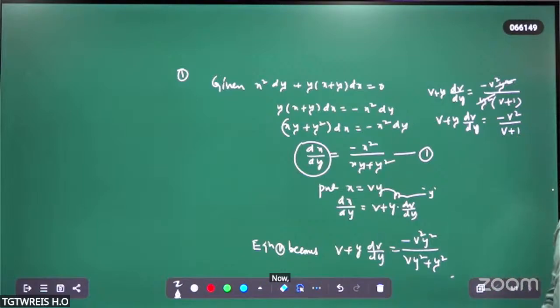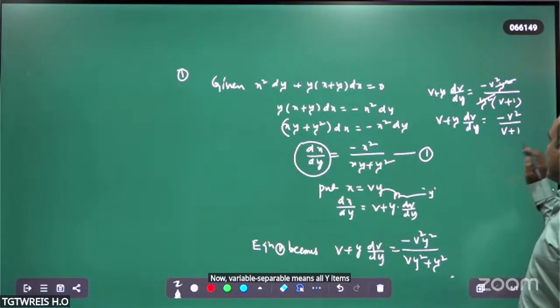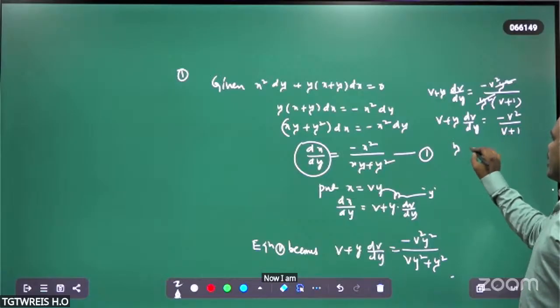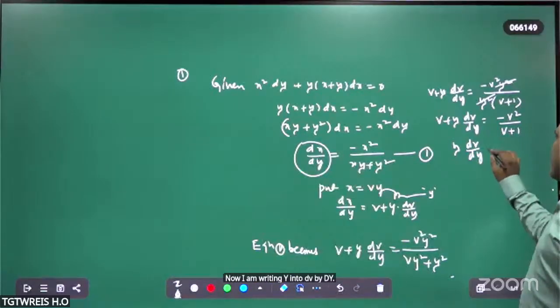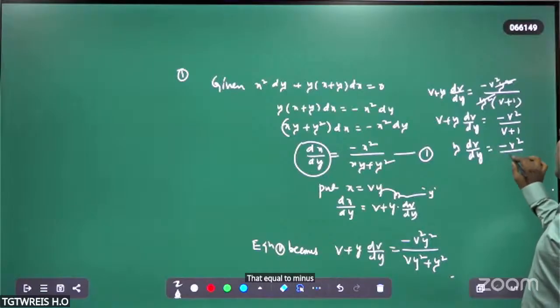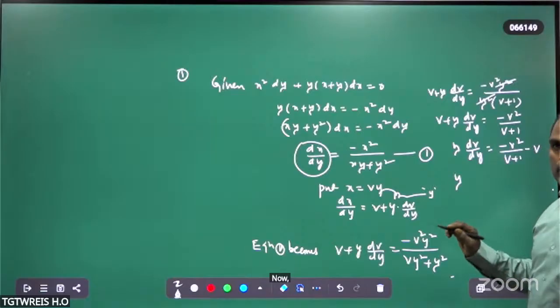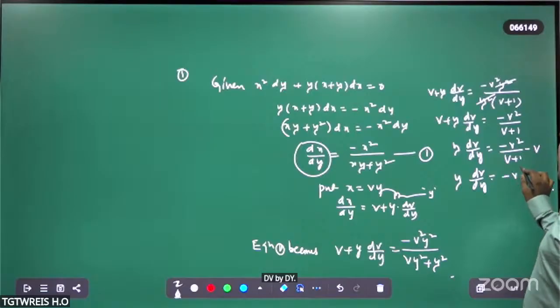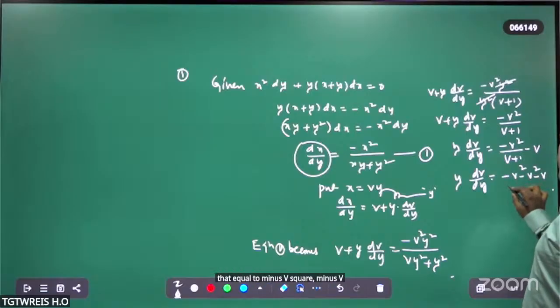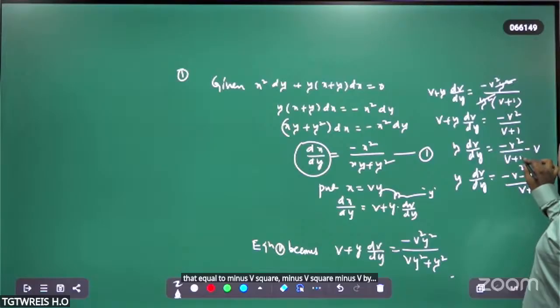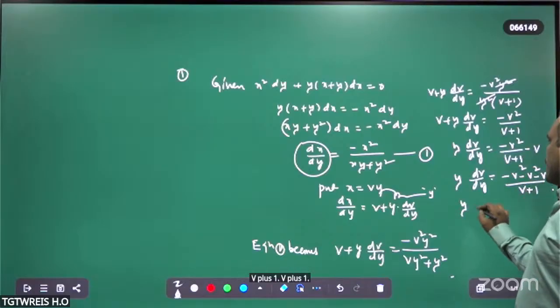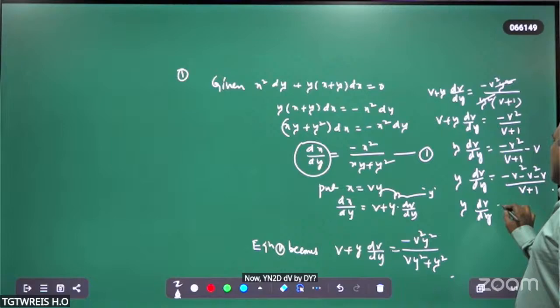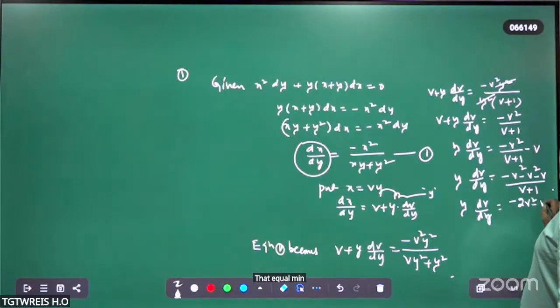Now variable separable means all v terms are taken on one side. Now I am writing y into dv by dy equals minus v square by v plus 1 minus v. Now y into dv by dy equals minus v square minus v by v plus 1. Now y into dv by dy equals minus 2v square minus v by v plus 1.